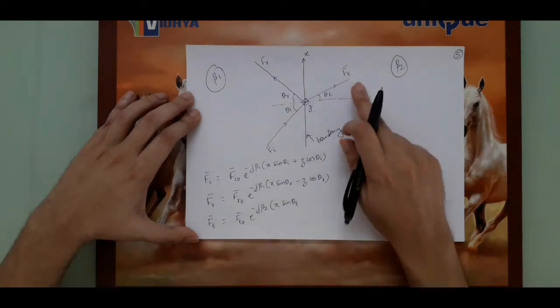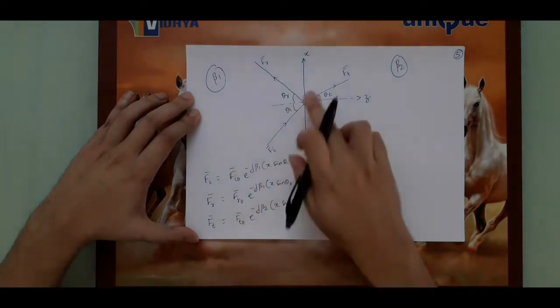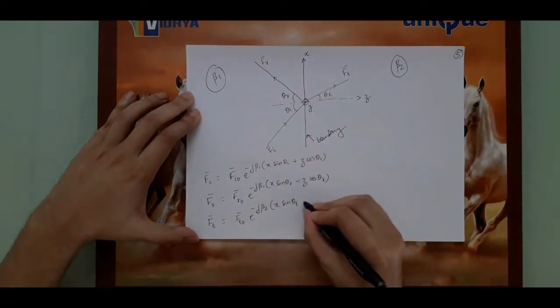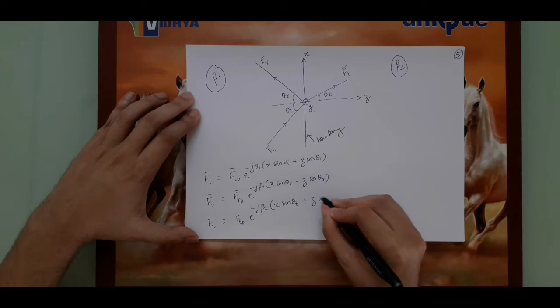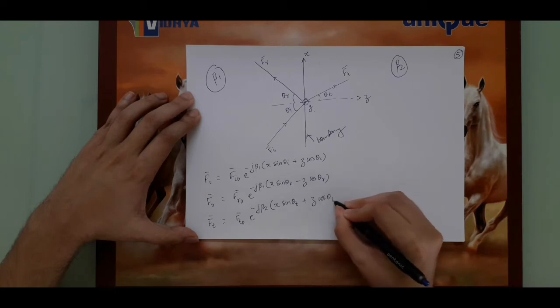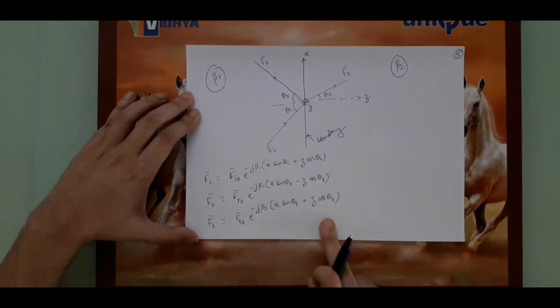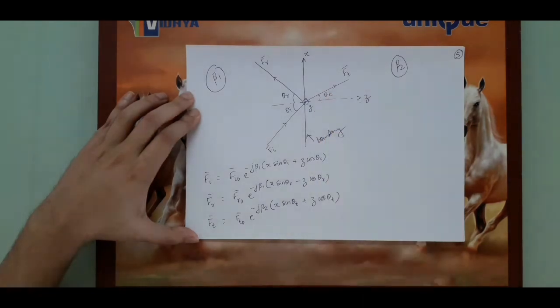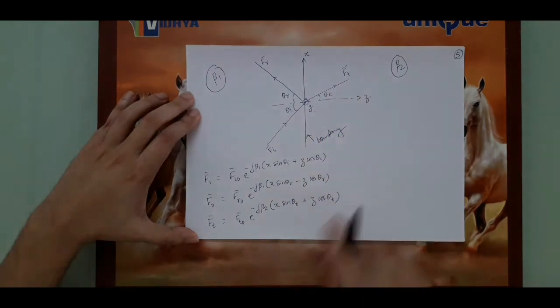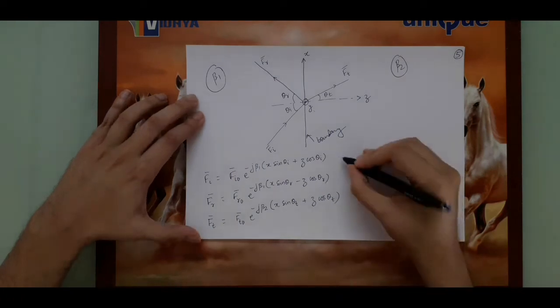What about the z component? The y component for all cases will be 0 because they are orthogonal. This will be plus z cos theta t. I hope I have got it correct. Yes, this is the angle which it makes with the plus z axis. So it will be this.